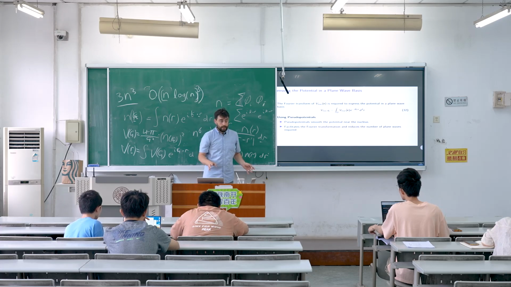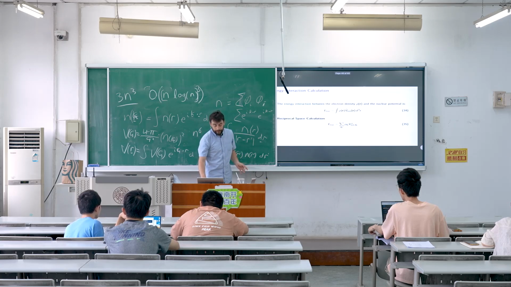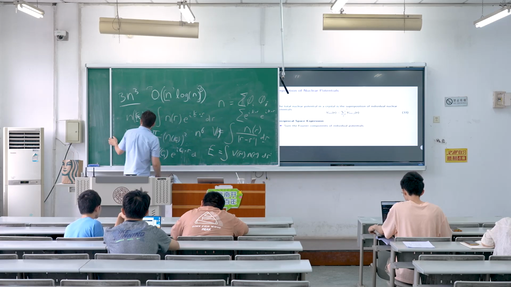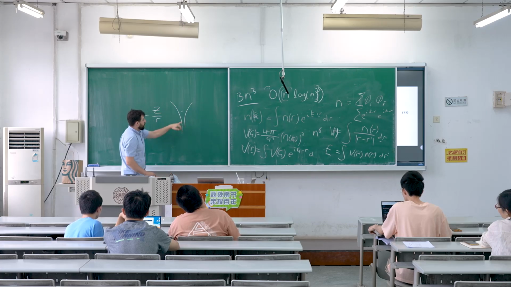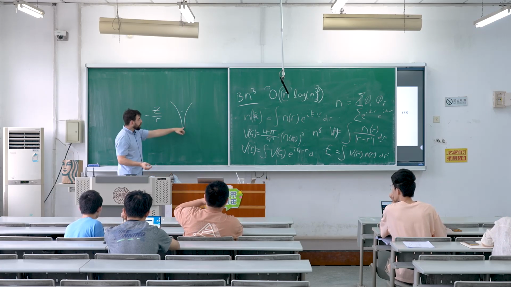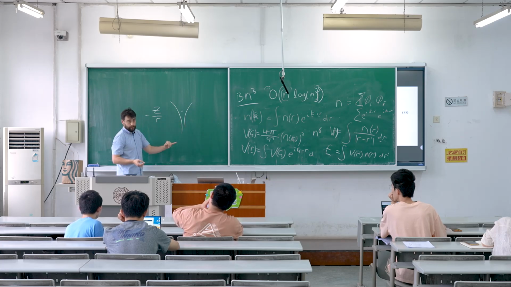So what we do instead is we cheat. We say, well, we can't do 1 over R, but what we could do is approximate this nuclear potential close to the nucleus in a way that doesn't require very many terms to Fourier transform.